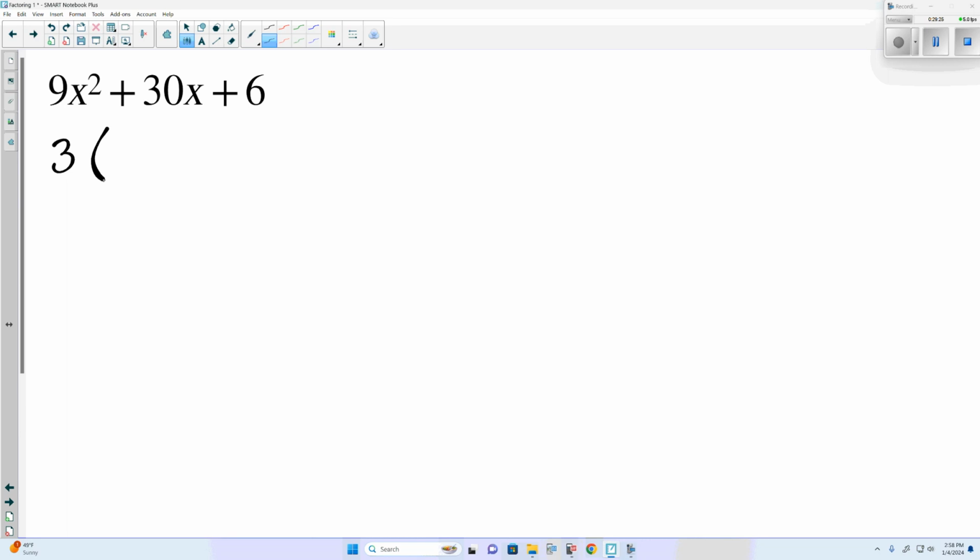And we can factor it out. And if we factor 3 from 9x squared, we get 3x squared. Plus, if we factor a 3 out of 30, we're left with 10x plus 2.